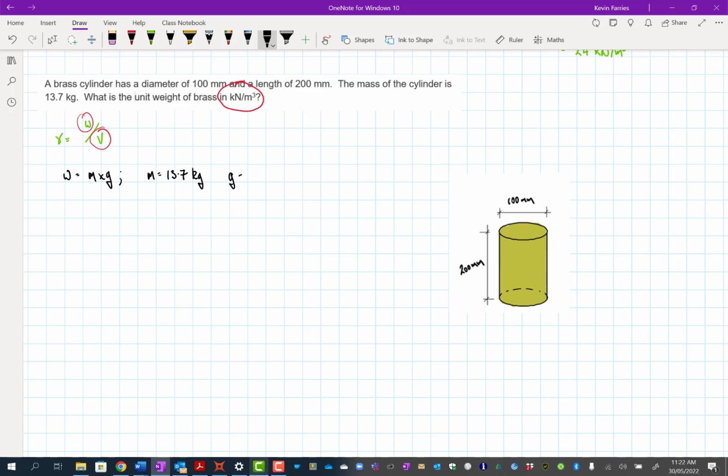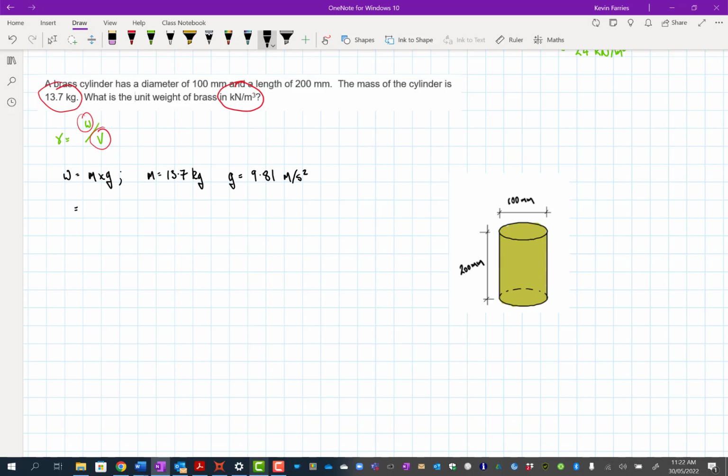Now we've got to think about, are we using approximate or relatively exact value of gravity here? We've been given the mass as 13.7 kilograms, so it's three significant figures, so we want an answer that's pretty accurate. So we want to use the 9.81 meters per second squared.